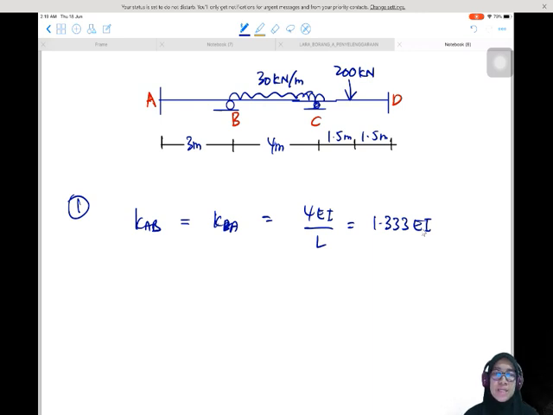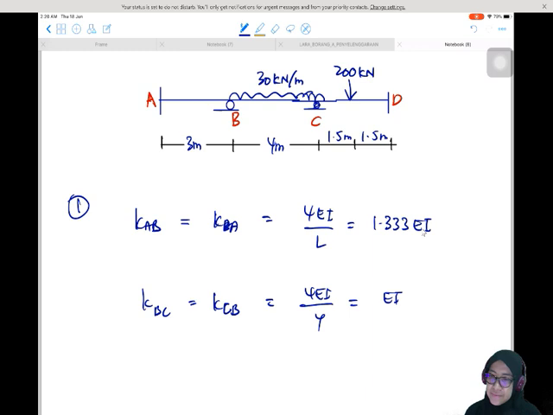We will calculate the stiffness factor for element number 2. It is KBC, which is equal to KCB. This is equal to 4EI divided by 4, because the length is 4, and this is equal to EI.